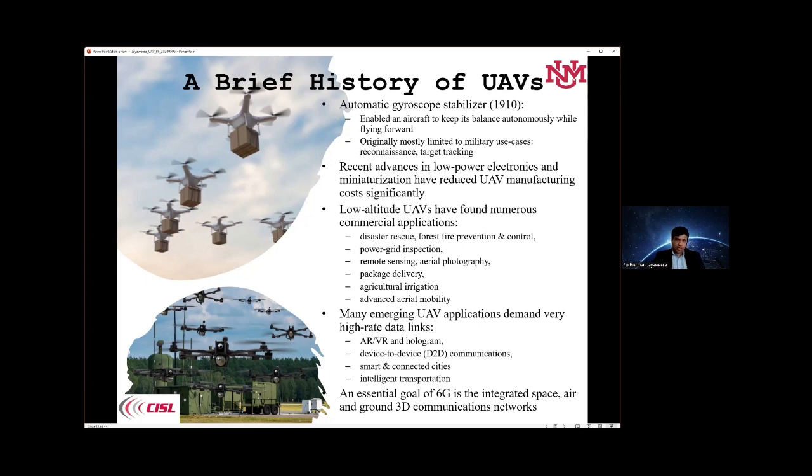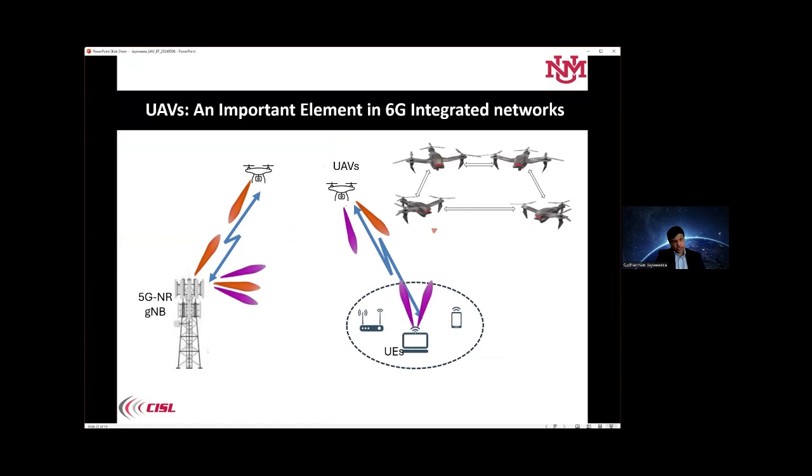These include augmented reality, virtual reality, and holographic or immersive communications, and many smart and connected cities, as well as intelligent transportation systems. And UAVs also are an essential element of the space-air-ground 3D communication networks that are considered as part of the non-terrestrial networks in 6G.